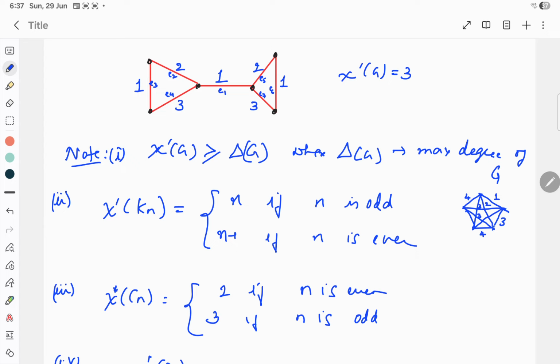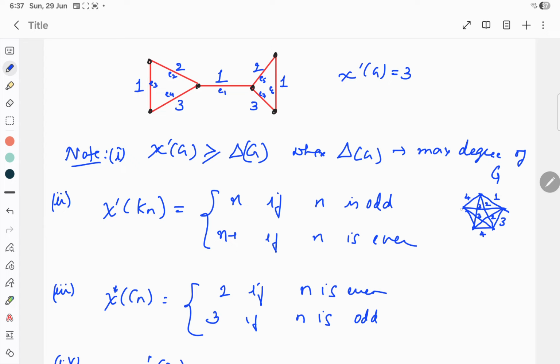This edge is not adjacent to this edge, so I can use 2.